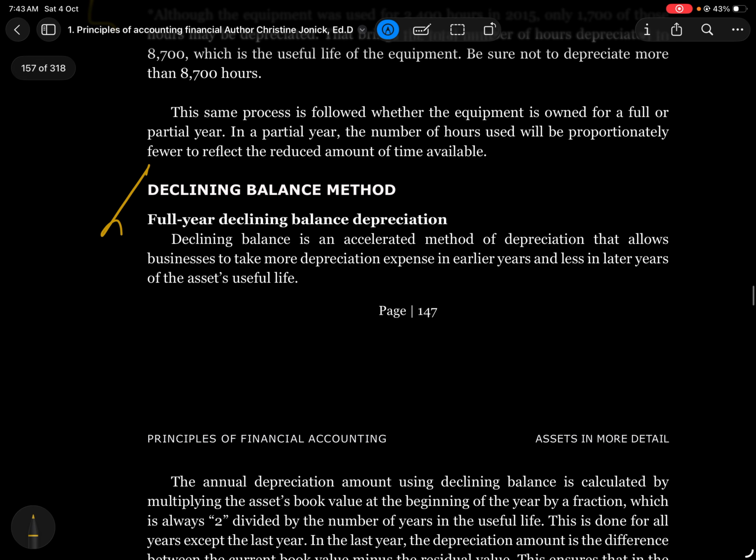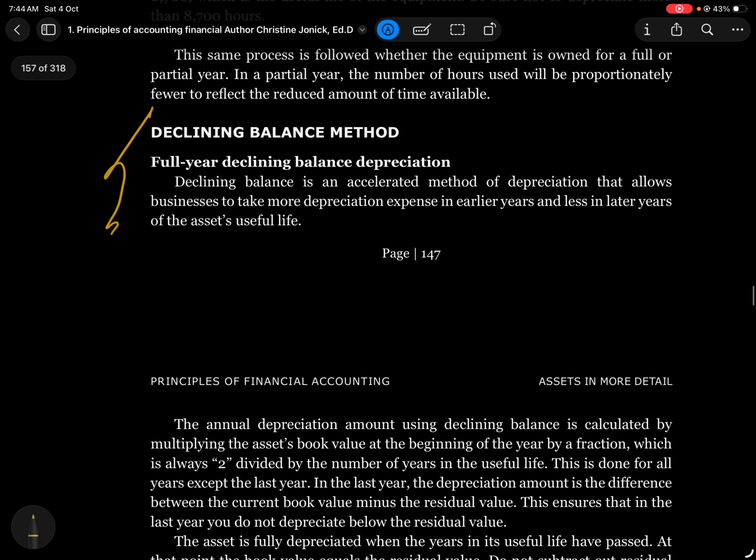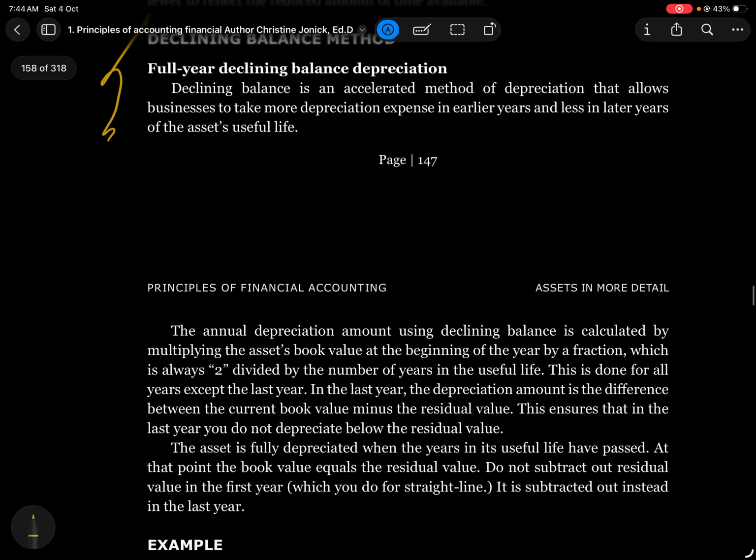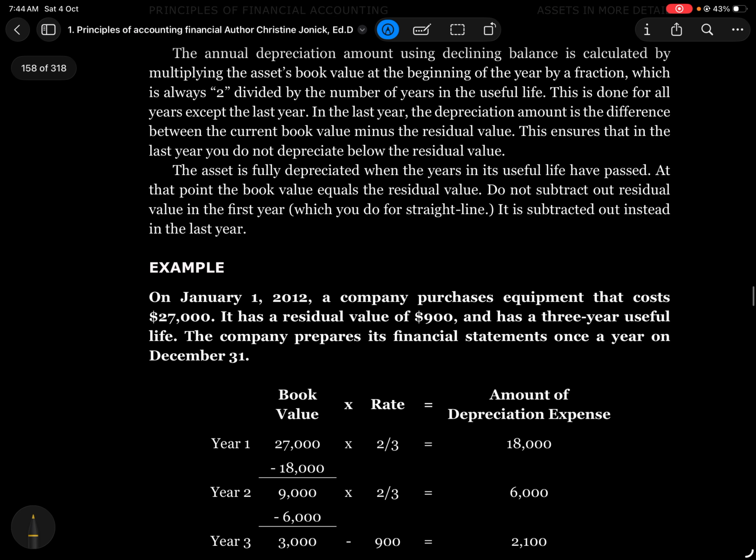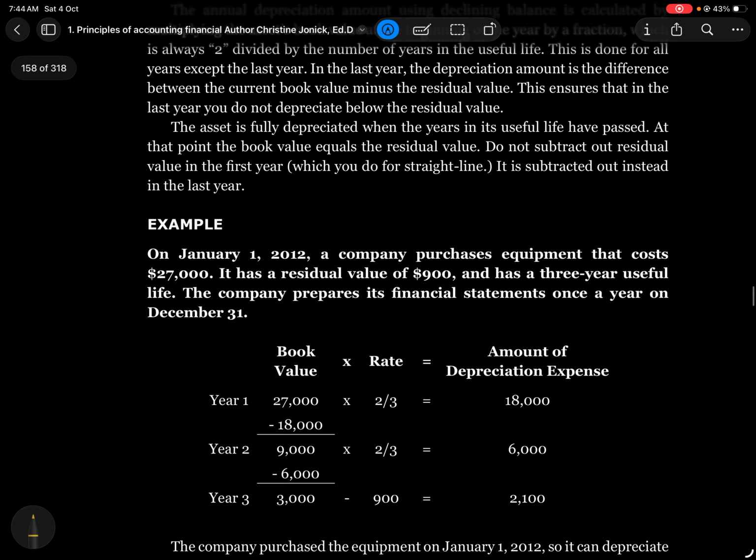Next method is the declining balance method. It's a little bit different.